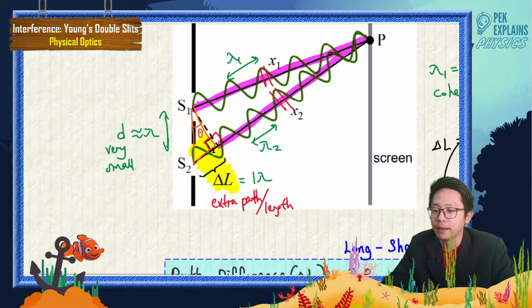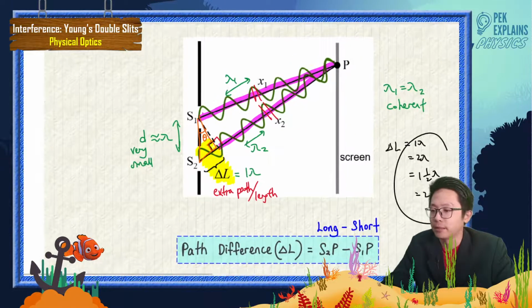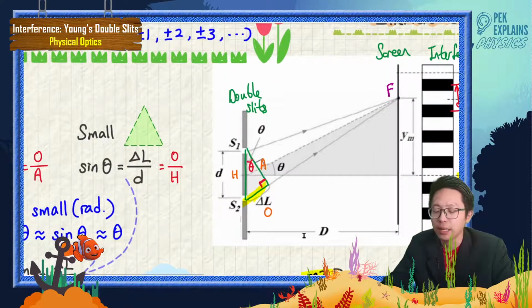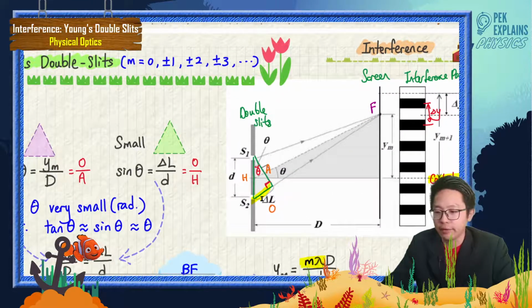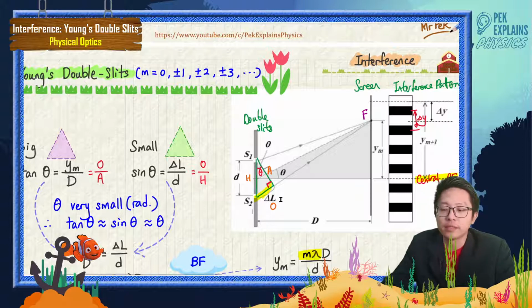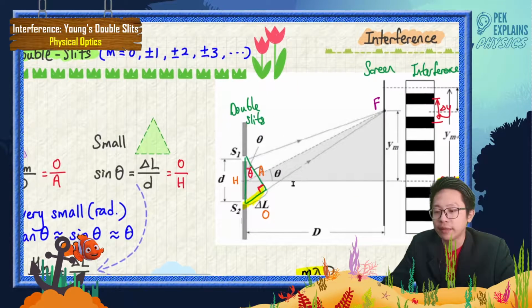So let's look back to my double slit. This is the delta L, the extra distance of the second wave, which is the opposite for this small triangle with angle theta.